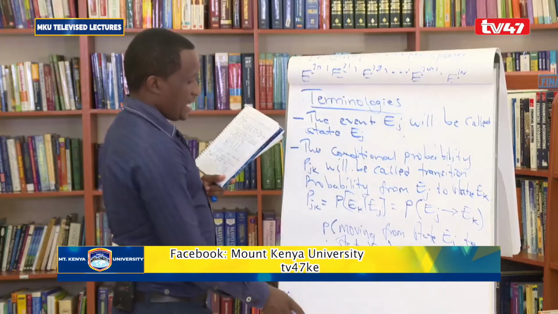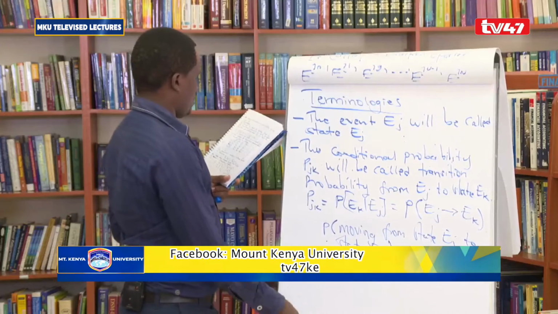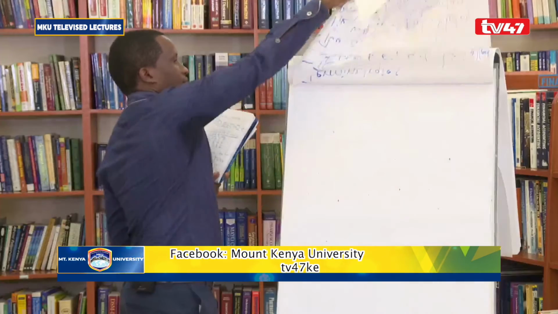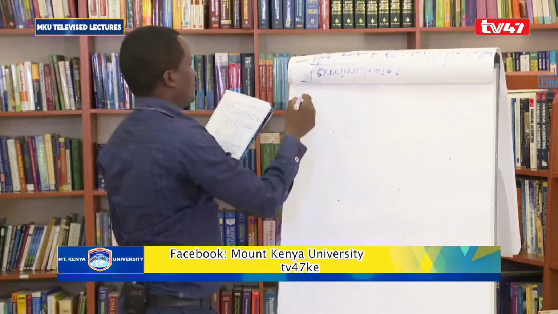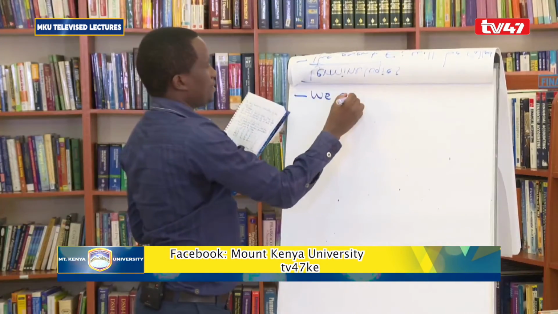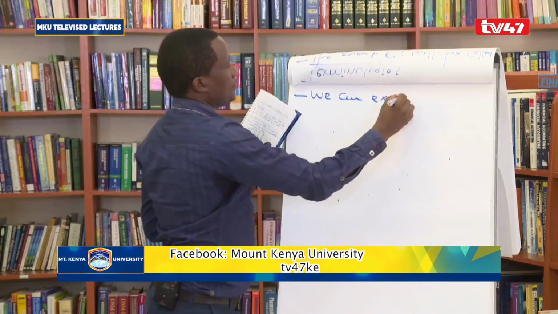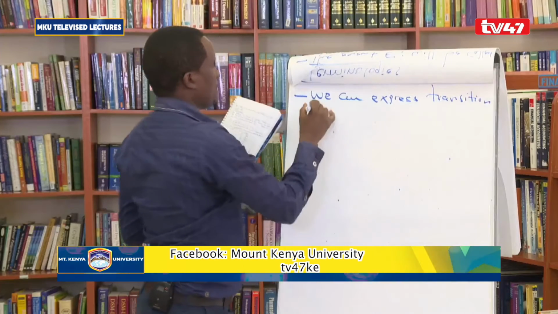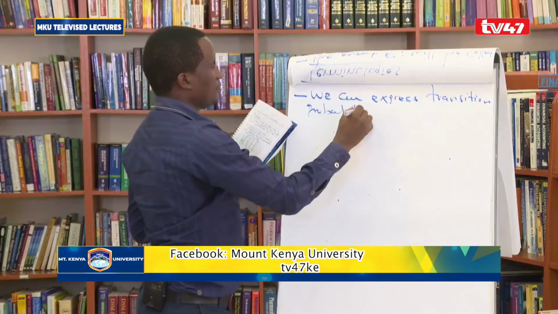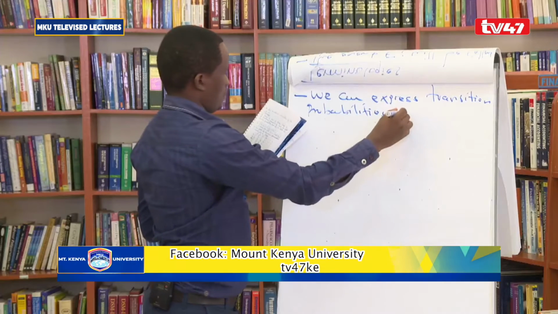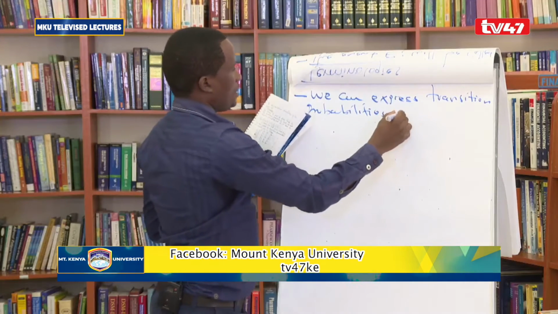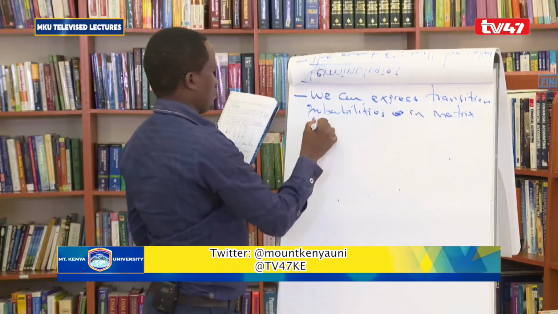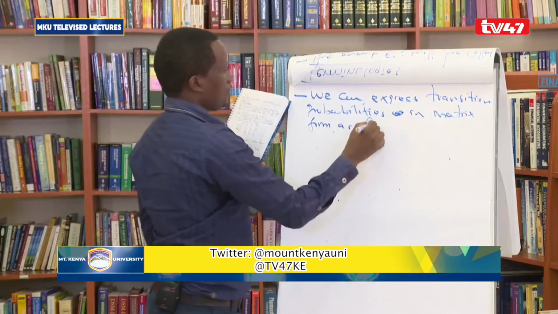We can express transition probabilities in matrix form as follows.